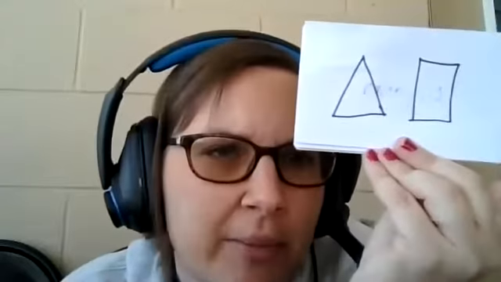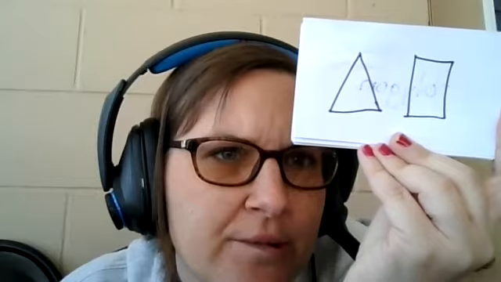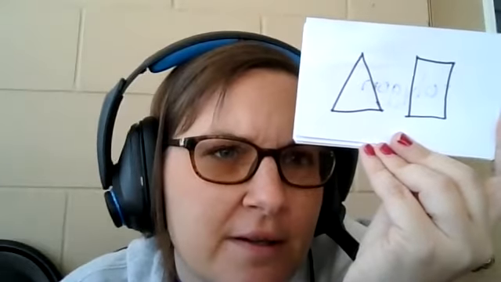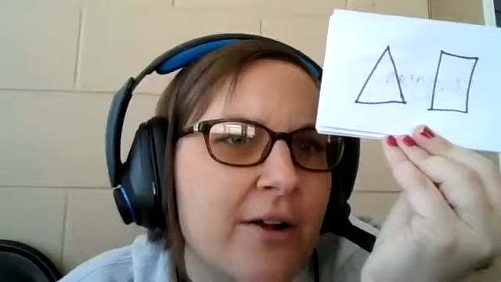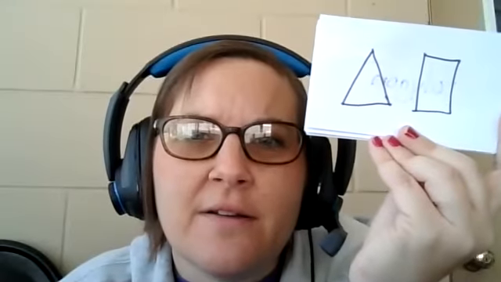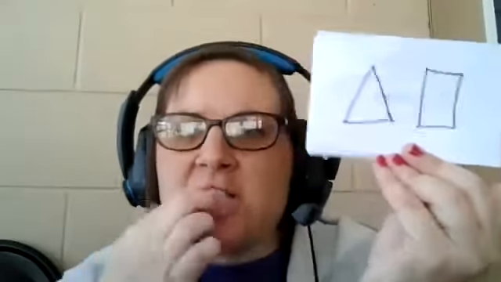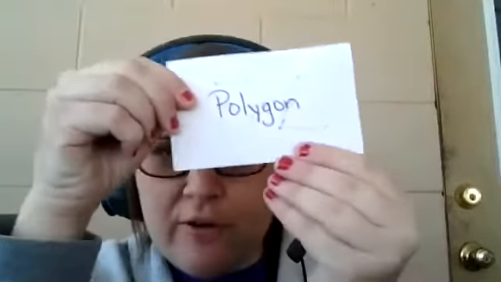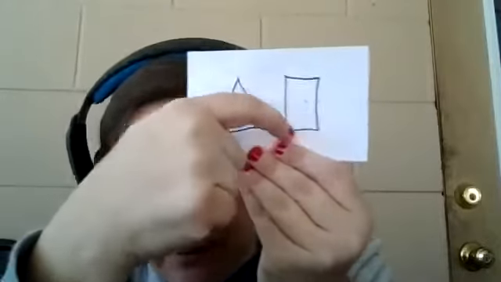It does start with the letter P. Perpendicular. Not perpendicular. Jessica? Polygon. It is a polygon, yes. So a polygon is a simple closed curve that is made of line segments.